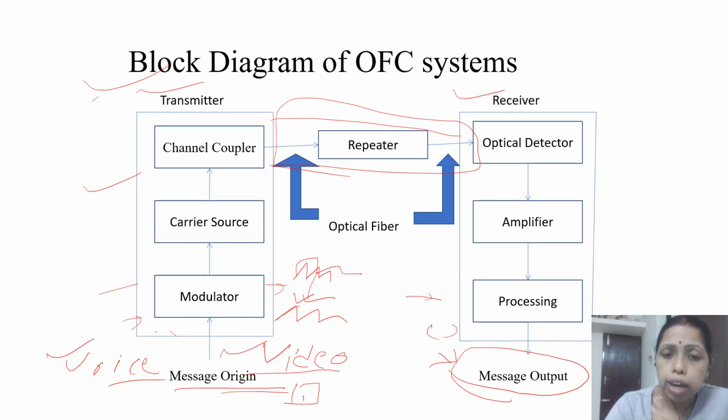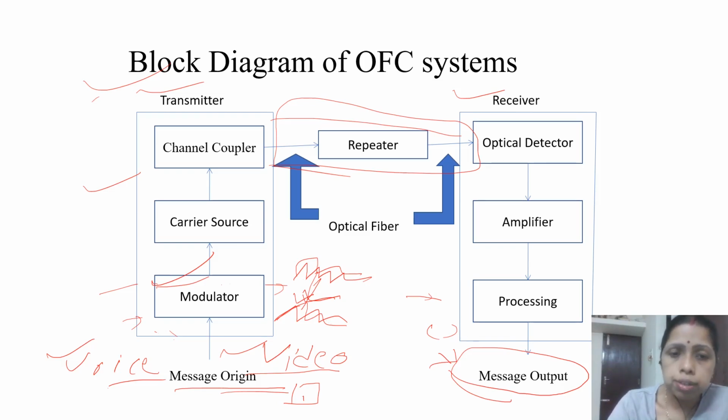This mechanism is done by the modulator. For long distance communication, you need to modulate the signal, so that the high frequency signal carries the low frequency signal through the medium. Therefore the modulator is required.